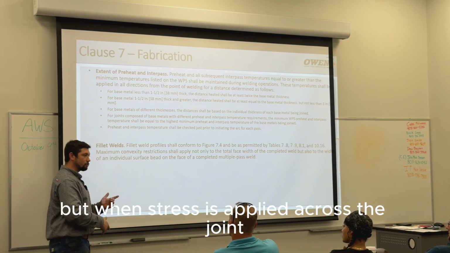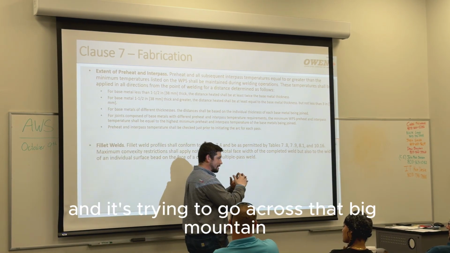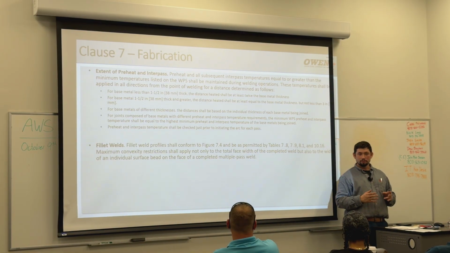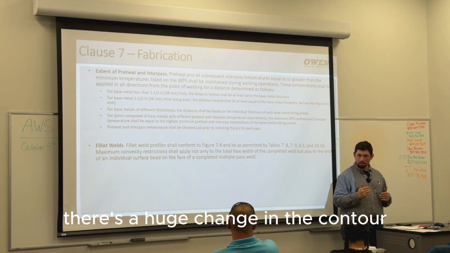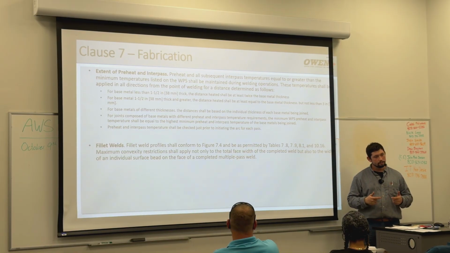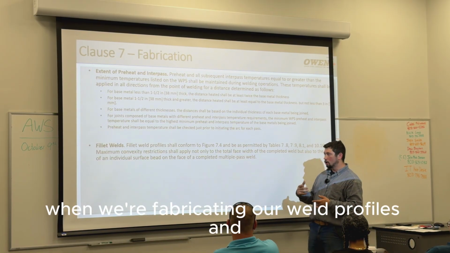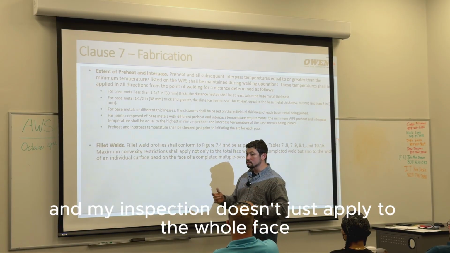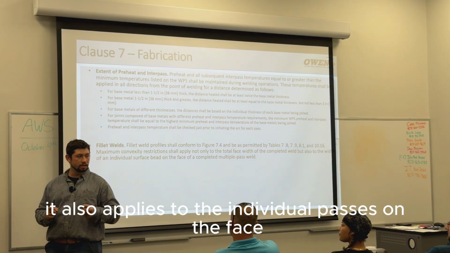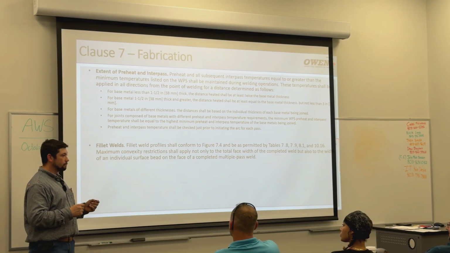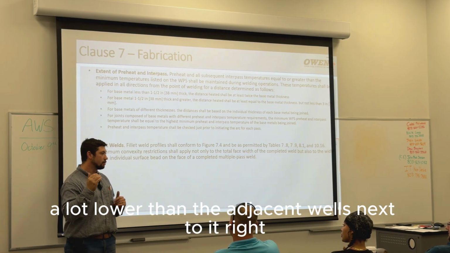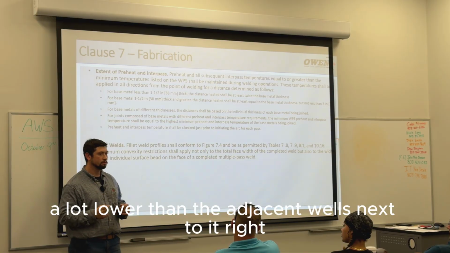But when stress is applied across the joint and it's trying to go across that big mountain of a pass in the middle of my fillet weld, that's a huge stress riser. There's a huge change in the contour of the top of my material, right? So now something the code wants us to do, when we're fabricating, is that my weld profiles and my inspection don't just apply to the whole face, they also apply to the individual passes on the face. That way, I don't have one of my passes that is a lot higher or a lot lower than the adjacent welds next to it, right?